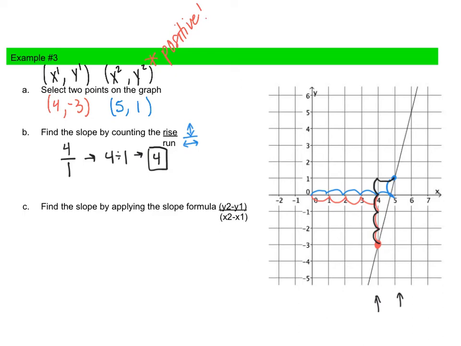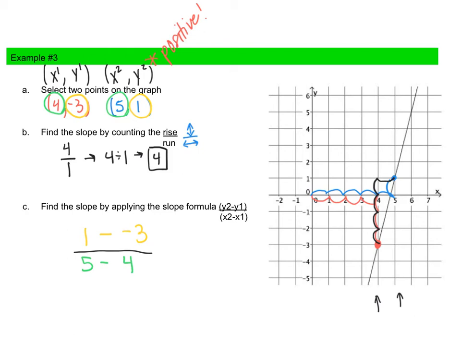Okay, so I'm going to do y2, which is a 1, minus y1, which is a negative 3, over x2, which is a 5, minus x1, which is a 4.